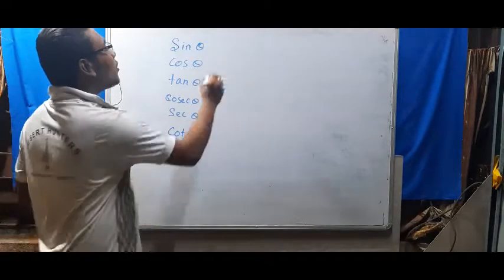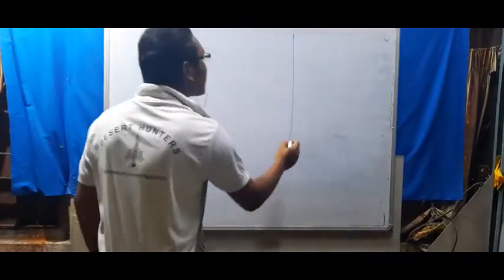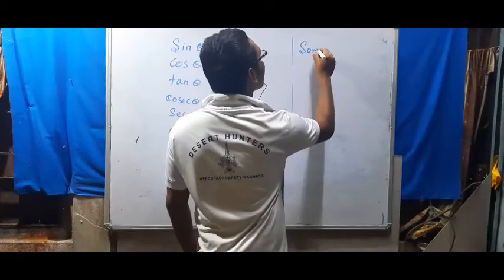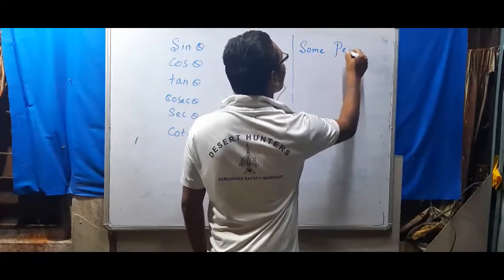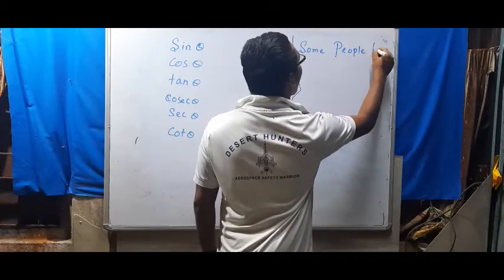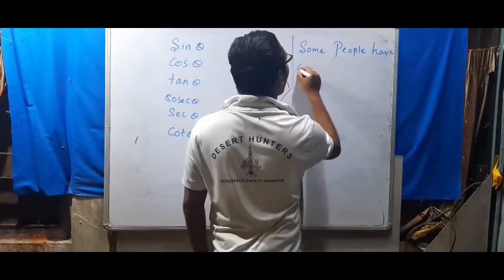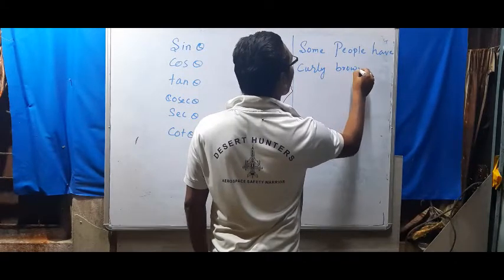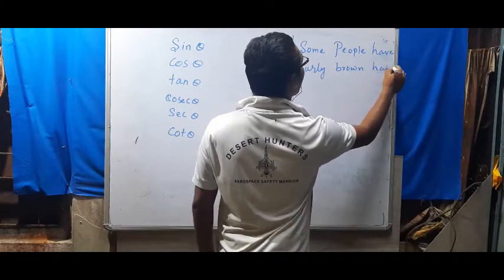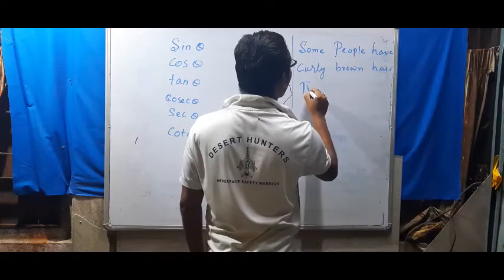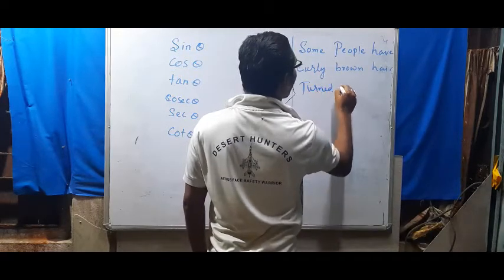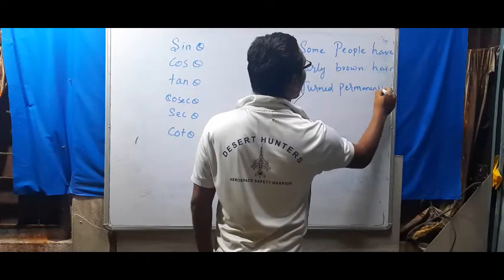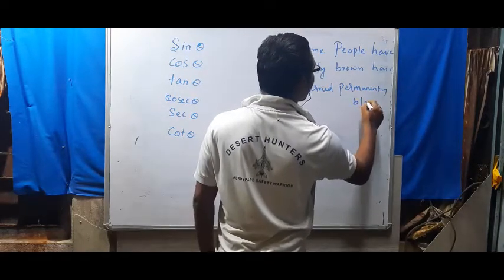Understood? So we have a famous statement, that is, Some People Have Curly Brown Hair Turned Permanently Black.